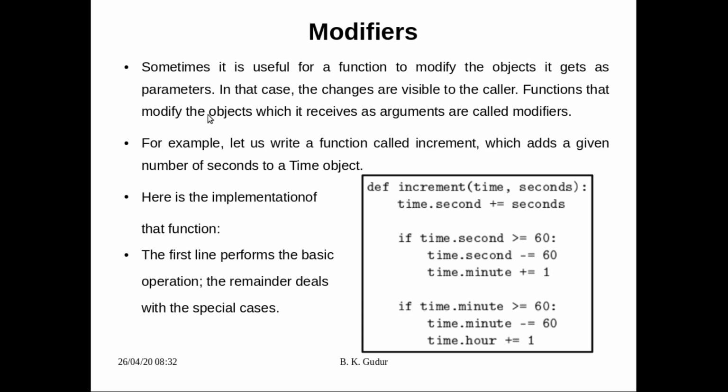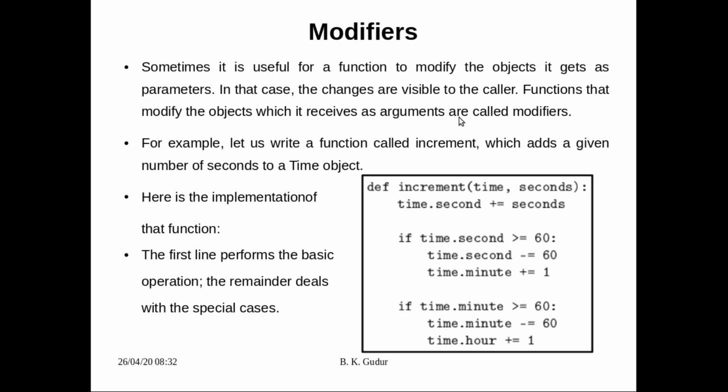Functions that modify the objects which they receive as arguments are called modifiers. Remember, the functions which will not modify the objects they get as arguments are called pure functions, whereas functions that modify the objects they receive as arguments are called modifiers.